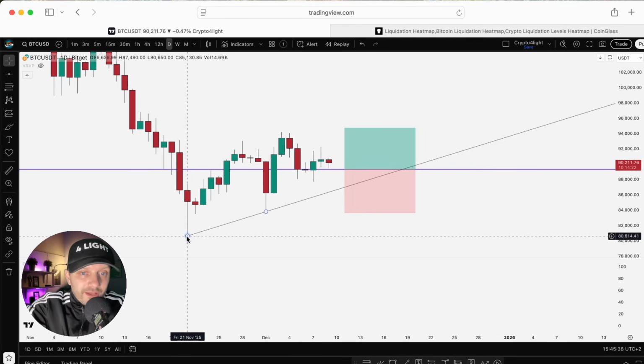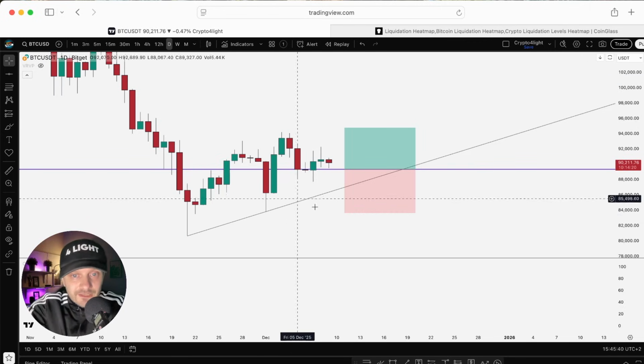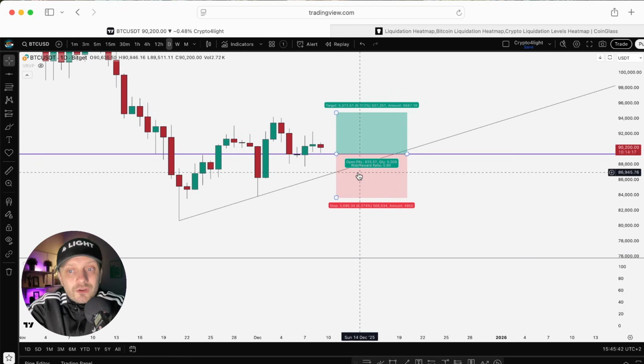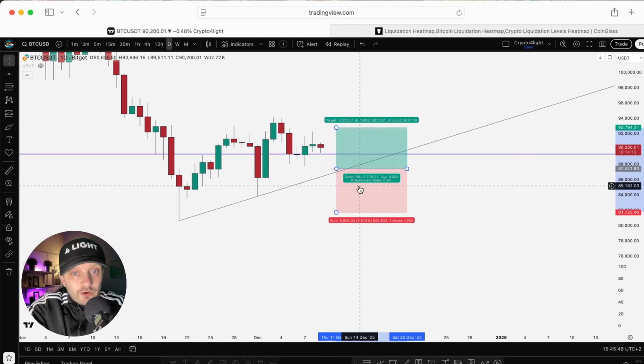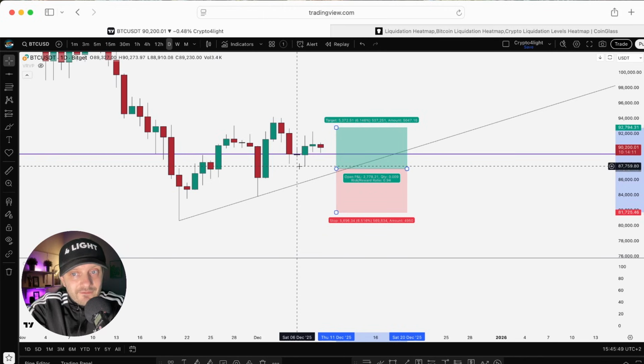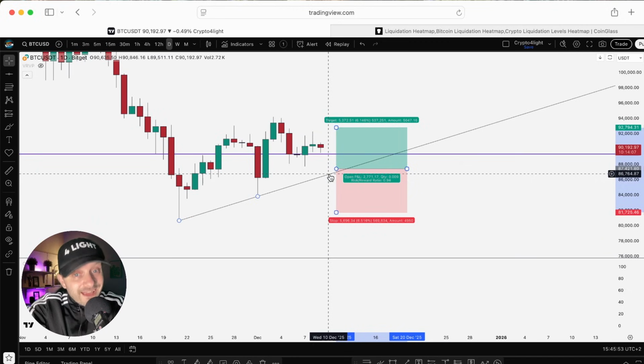And also, I don't like this trend line. Got it. So more likely, the logical entry can be from this level, 87,759, on a test of, again, the trend line. But like I told you before, the more we test some trend line like support, the weaker it becomes.